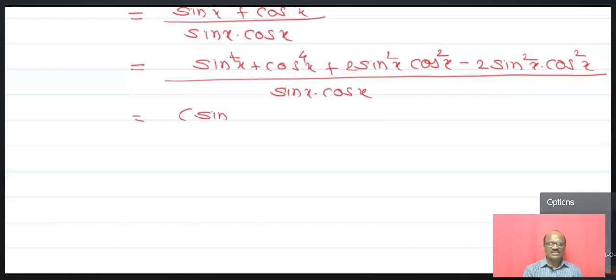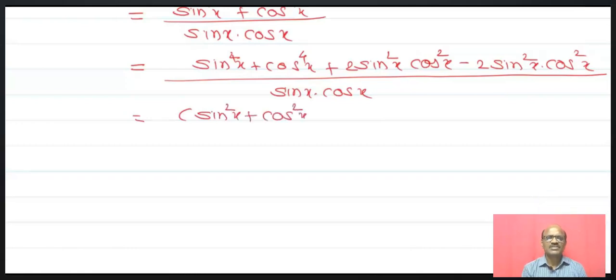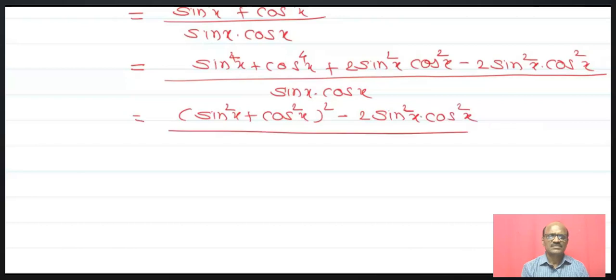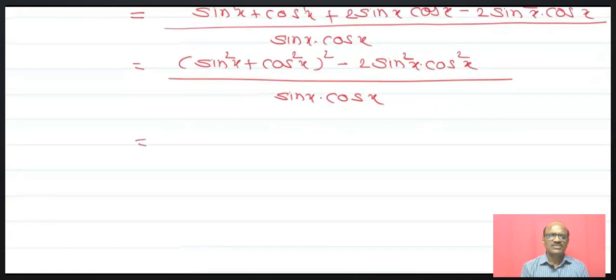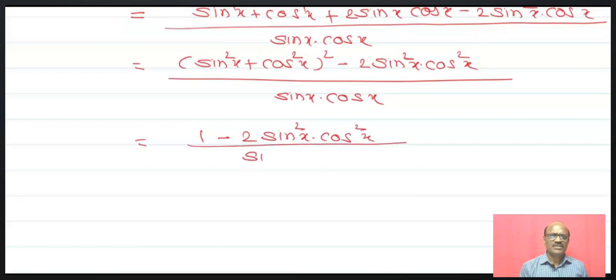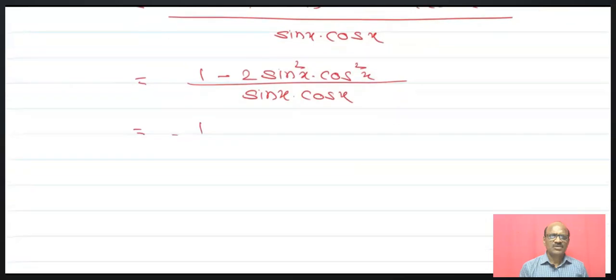See this again: sin square x plus cos square x, whole square, minus 2 times sin square x cos square x upon sin x cos x. Now sin square plus cos square is 1, so that is 1 minus 2 sin square x into cos square x upon sin x into cos x. Normal simplification is here.